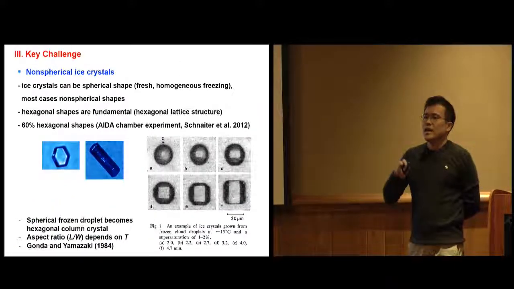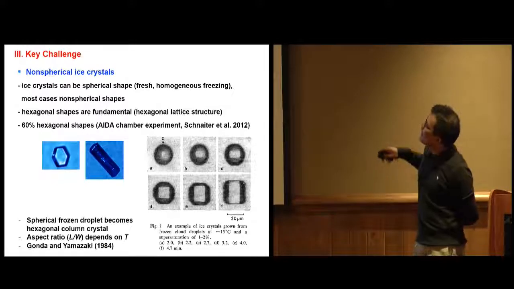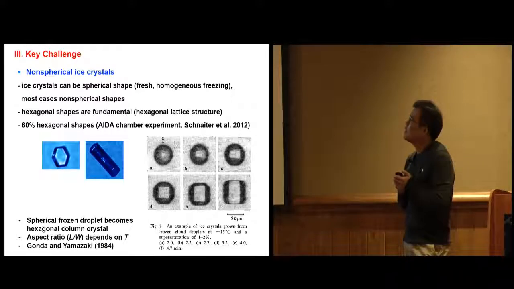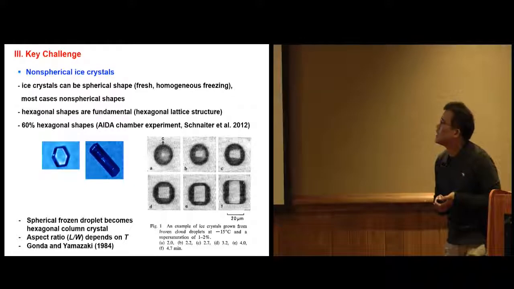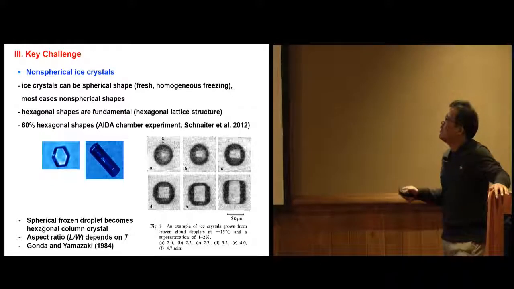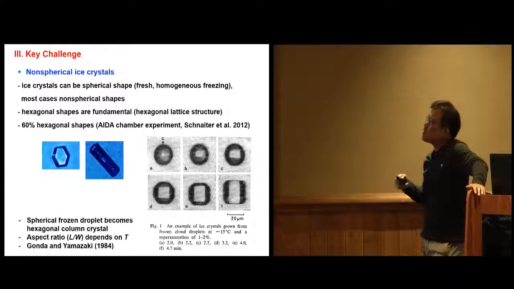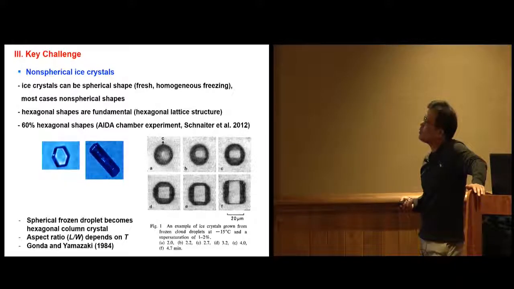Ice crystals in natural clouds can have a spherical shape in very rare cases, but in most cases their shapes are non-spherical. It is because the hexagonal shape is very fundamental, because of the hexagonal lattice structure of water molecules.